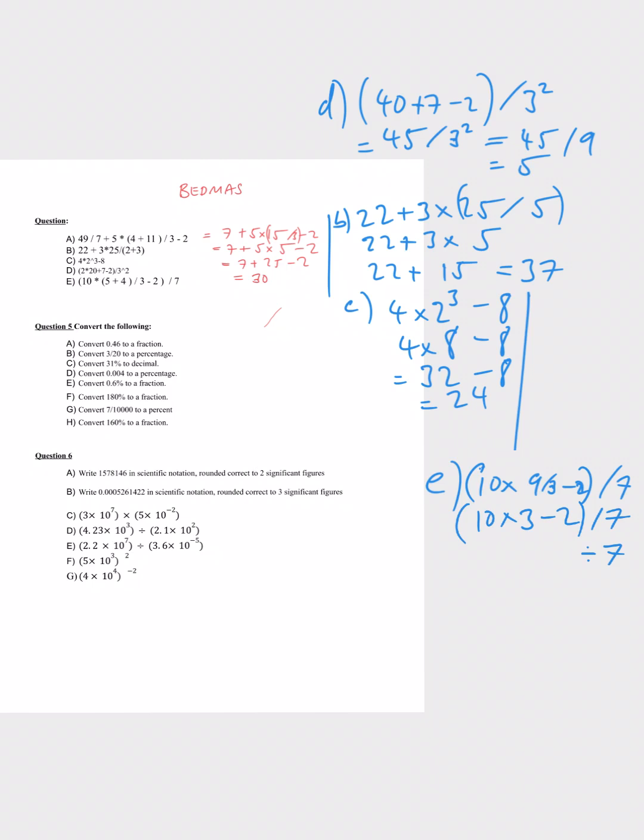It's not really a fraction, it's just a division symbol. So just treat it like that divide sign. So then we multiply before we minus. 10 times 3 is 30, minus 2, and then 30 minus 2 is 28, divided by 7, and that is 28 divided by 7 is equal to 4.